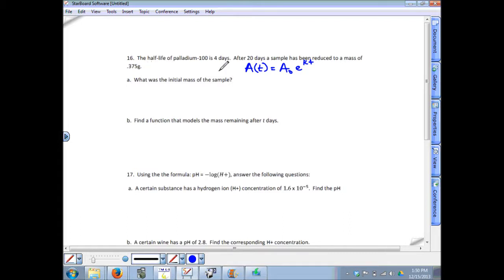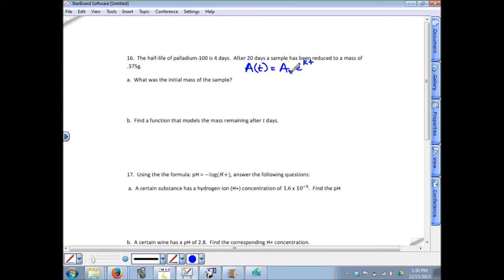So there are a couple of ways we could find A_0. We could use the fact that the half-life is 4 days. Regardless of the starting amount, after 4 days, half of that is going to be remaining.